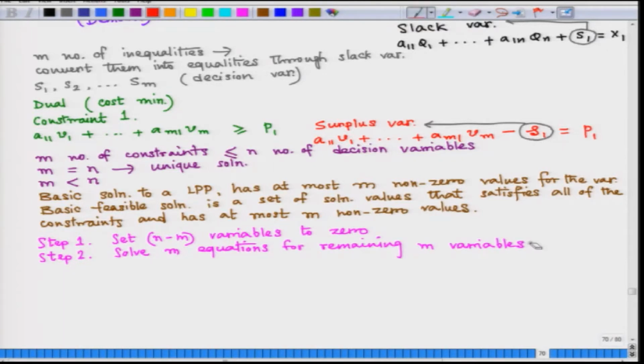Set n minus m variables to 0, then basically we get m equations in m variables, then of course we can solve this system of equations, and if that is done, then the resulting solution, if it is a unique one, then it becomes a basic solution. So, basically by following these two steps we can get unique basic solution.